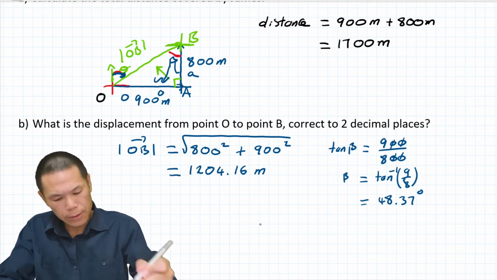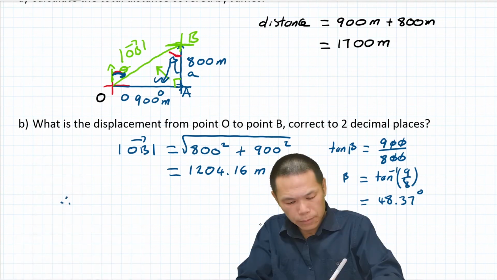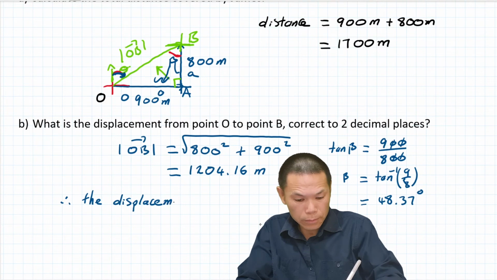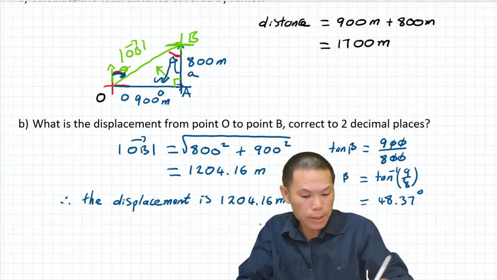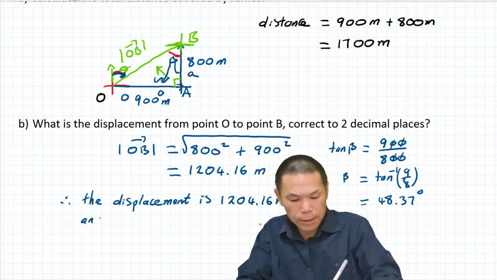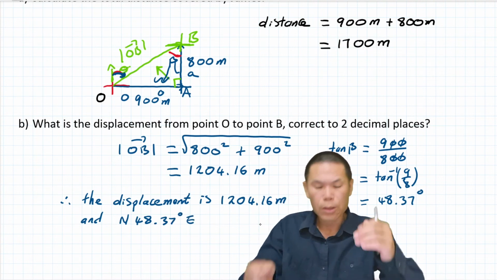Let me write this down. Therefore, the displacement is 1,204.16 meters, and the direction is north 48.37 degrees east. There you go.